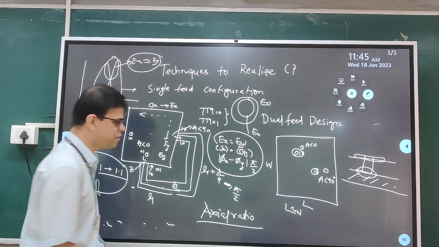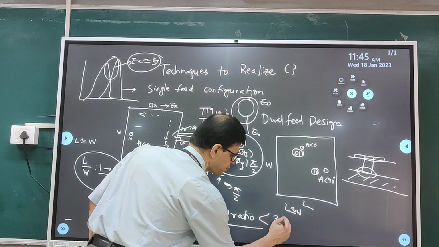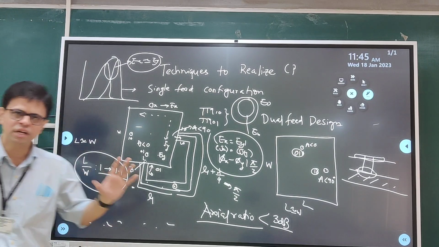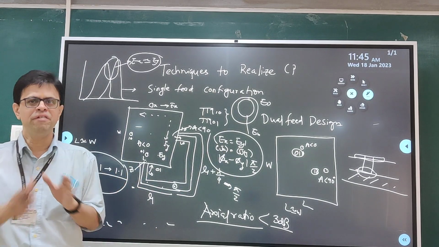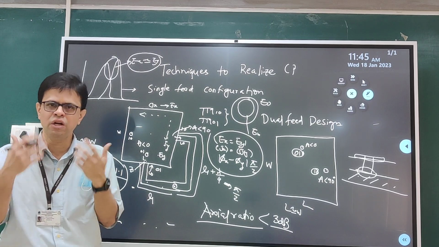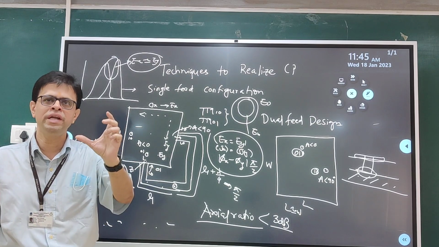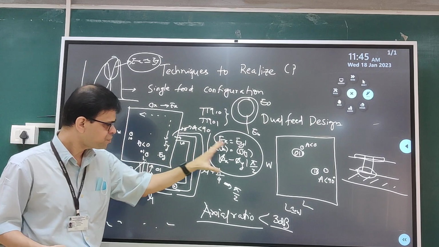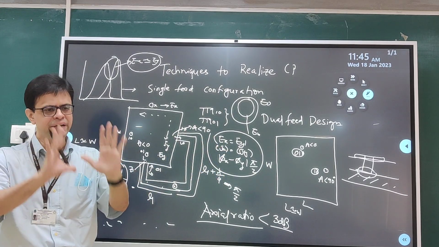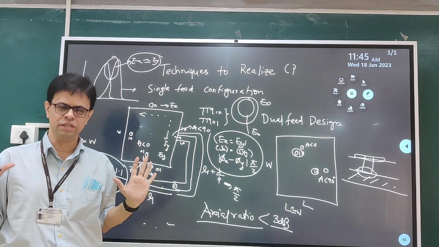So a term is defined: an axial ratio less than 3 dB. That means the ratio of Ex and Ey can vary within a 3 dB range. It is a logarithmic scale, so within 3 dB it can vary. That is the range of frequencies over which we consider the antenna to be circular polarized.